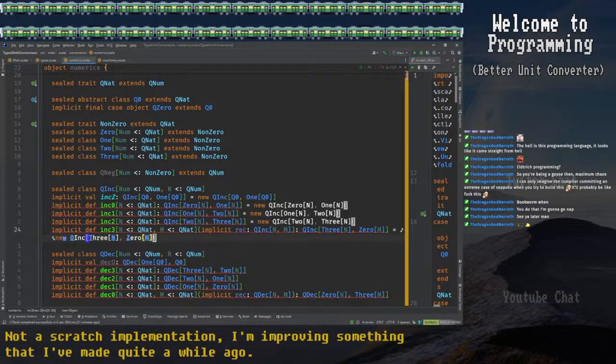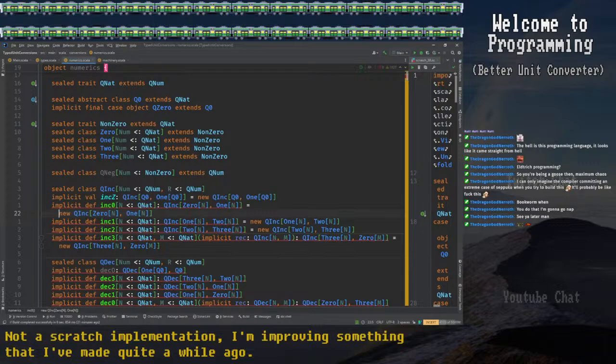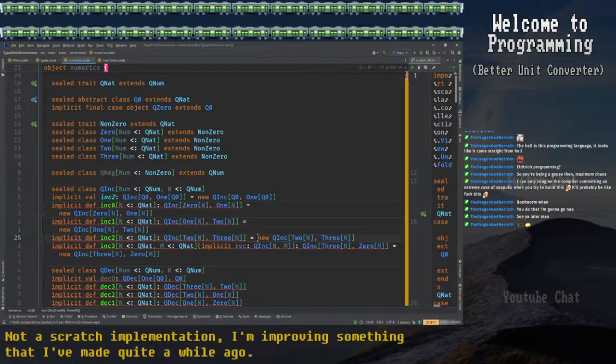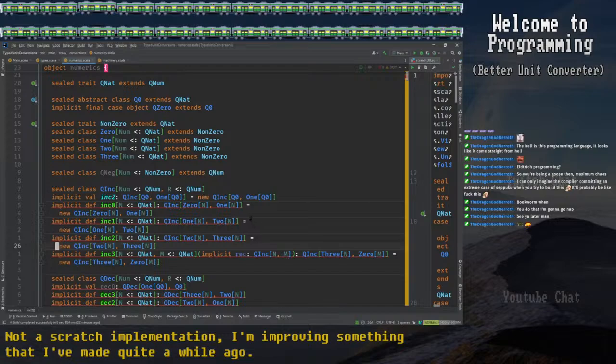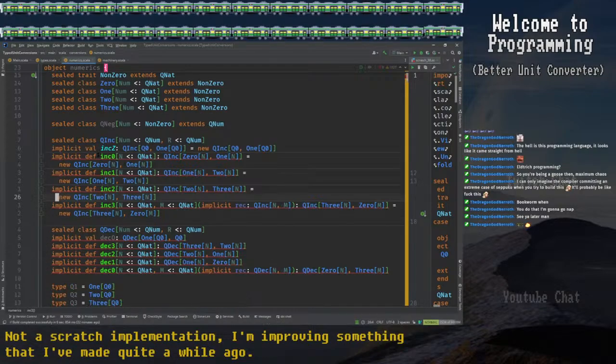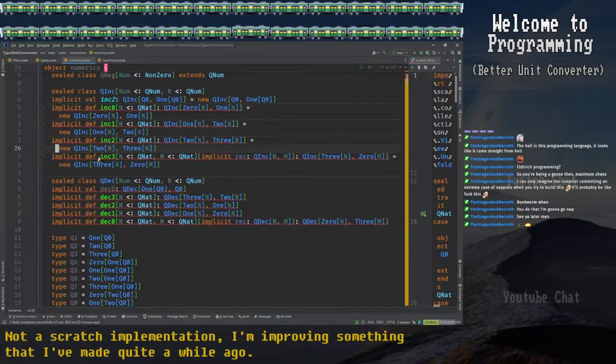No, it's still going. Ooh, it's chugging. Come on. You can do it. Ooh, this is very, very slow.